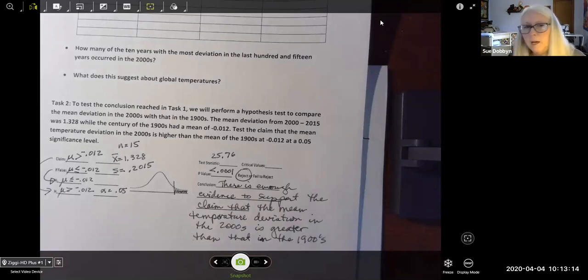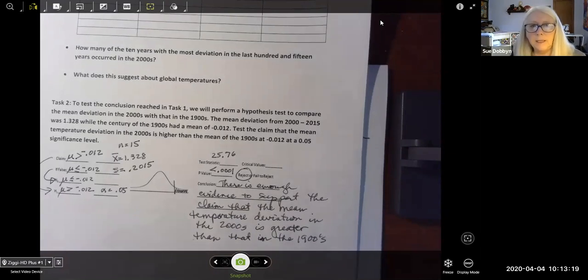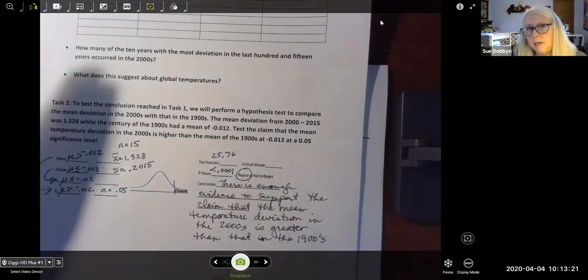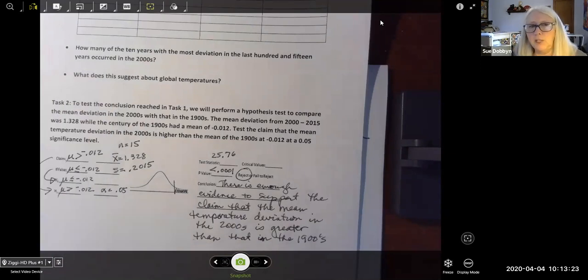Okay, so functionally, the difference between task 1 and task 2 is simply that in task 1, we were using our own judgment and an observation and saying, hey, if 6 of the hottest 10 years are around the 2000s, it seems like global temperatures are rising. Yeah, that's a good observation, but it's not statistical proof.